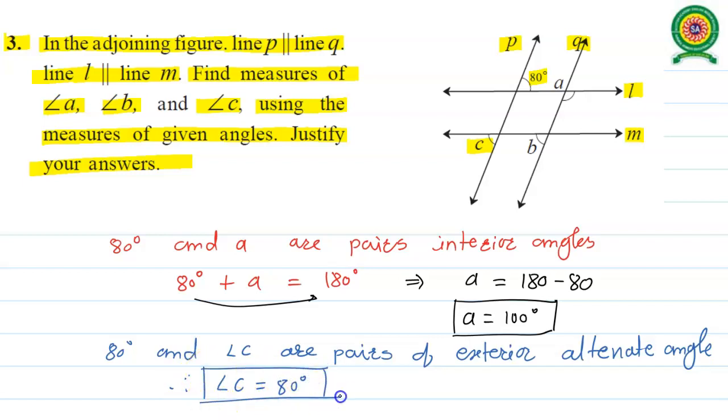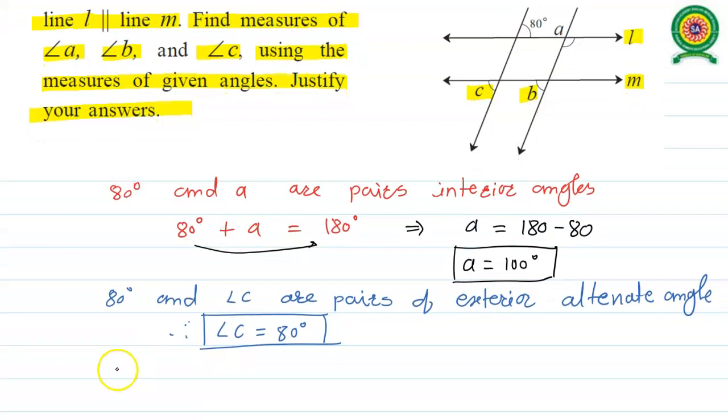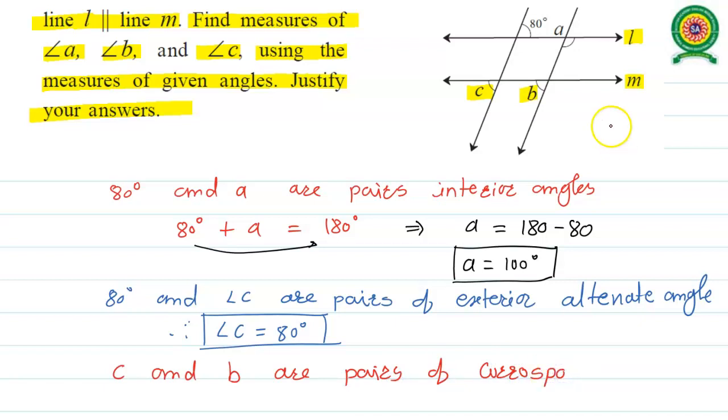Now look at angle C and angle B. Angle C and B are pairs of corresponding angles. As per the given figure, angle C and angle B are pairs of corresponding angles because they are formed in the rotation of F. Look at the figure, we have the rotation of F: here is the C, here is the B. So they are corresponding angles.